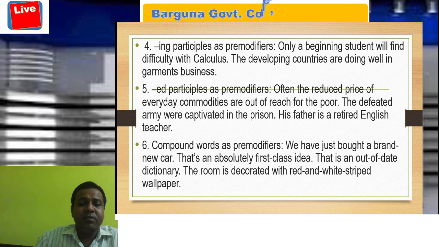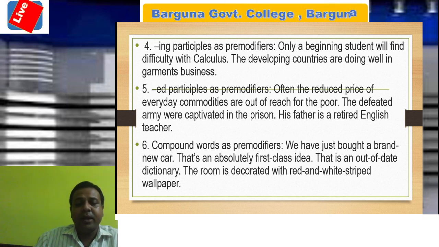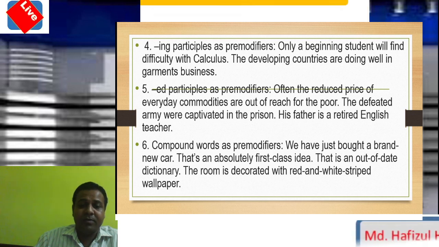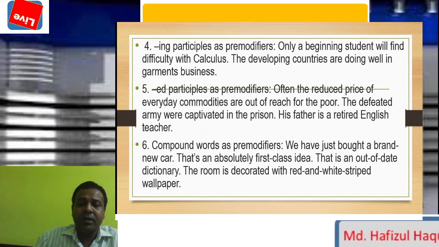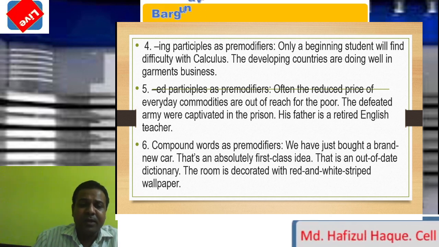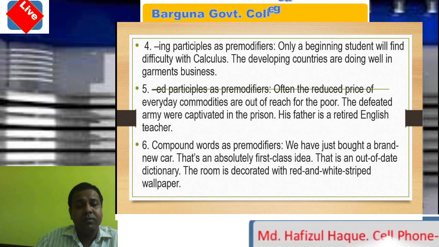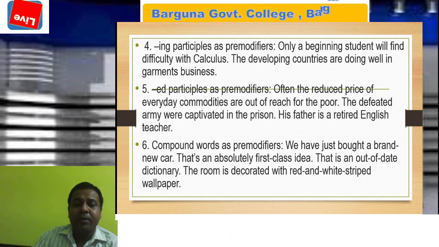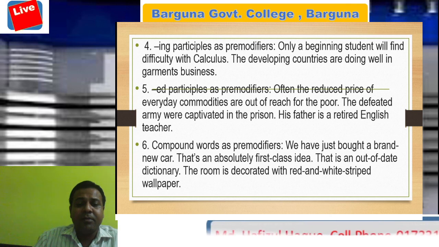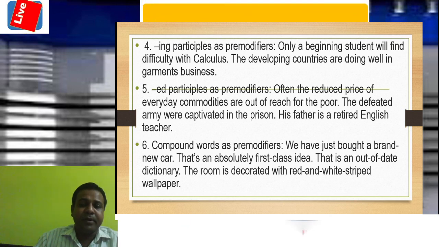The room is decorated with red and white striped wallpaper. Red and white striped. So four words are placed together to express a different meaning, which is called a compound word, and that is why we have already got the point that compounds can be used as pre-modifiers.